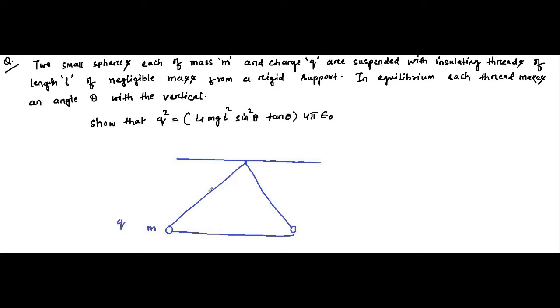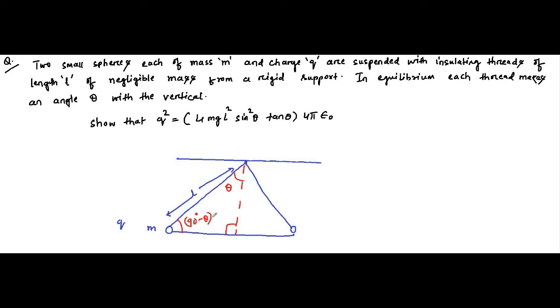The length of the string is L. Another important thing is that each sphere makes an angle theta with the vertical. This angle is theta, this is 90 degree, so obviously this will be 90 degree minus theta.